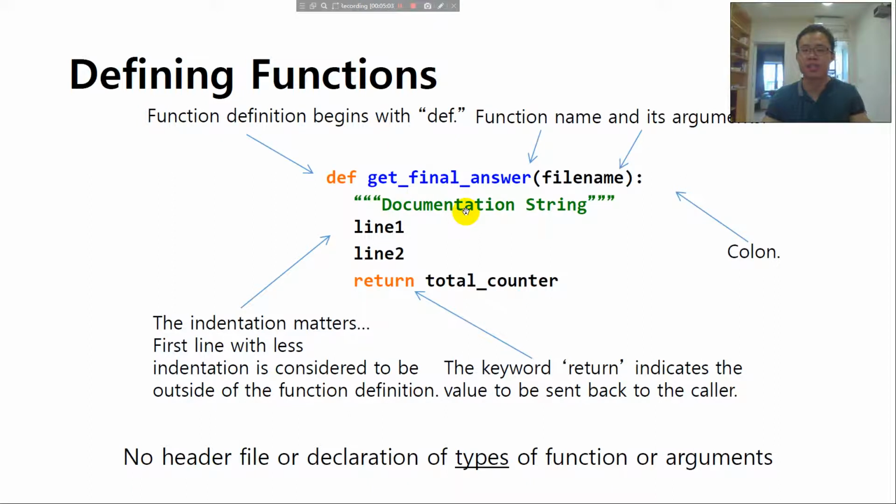It usually says what this function is about. Then you have line 1, line 2, different statements, and basically you are using this file name, which is an argument, to do a lot of things. Then you return a final calculated value.